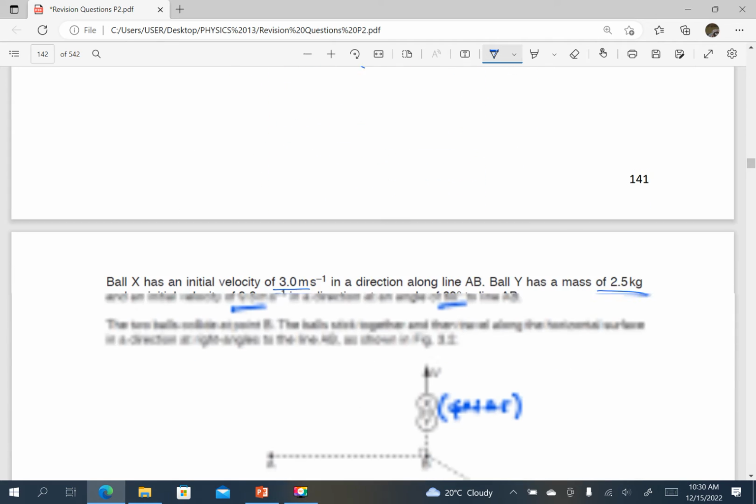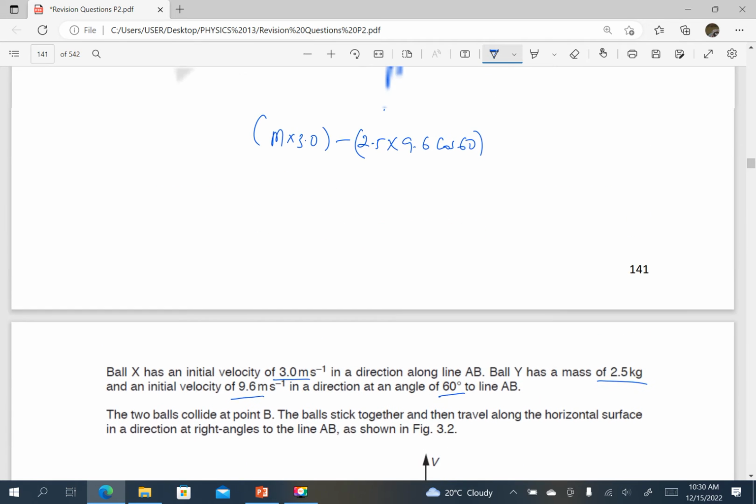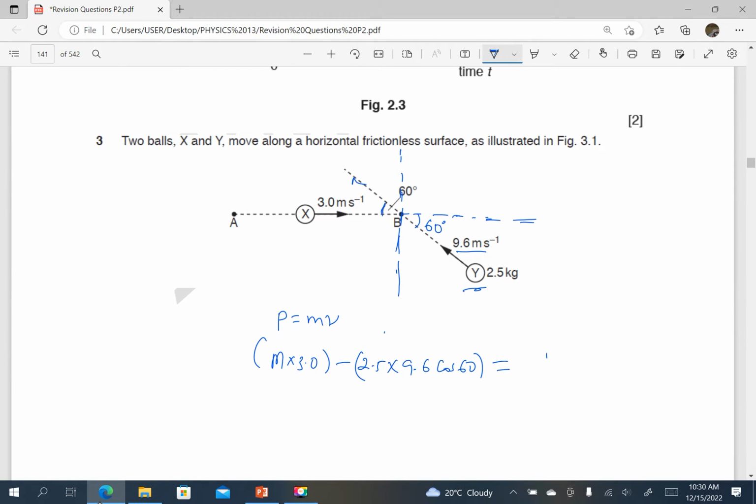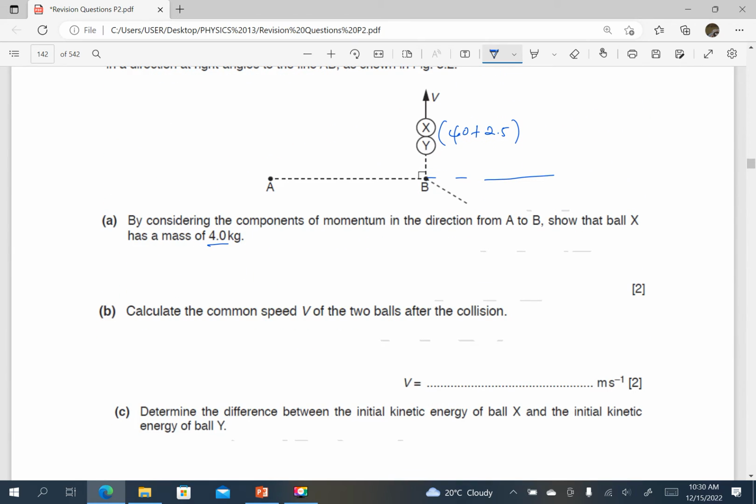But after collision, I want you to notice that they all move in the vertical plane. They don't continue in this horizontal direction. That means after collision, total momentum in the horizontal is 0 because they don't move in that direction. So what remains now is to solve this expression. Momentum is mass times velocity. Total momentum before collision was m, that is the unknown mass of X, times its speed 3.0.